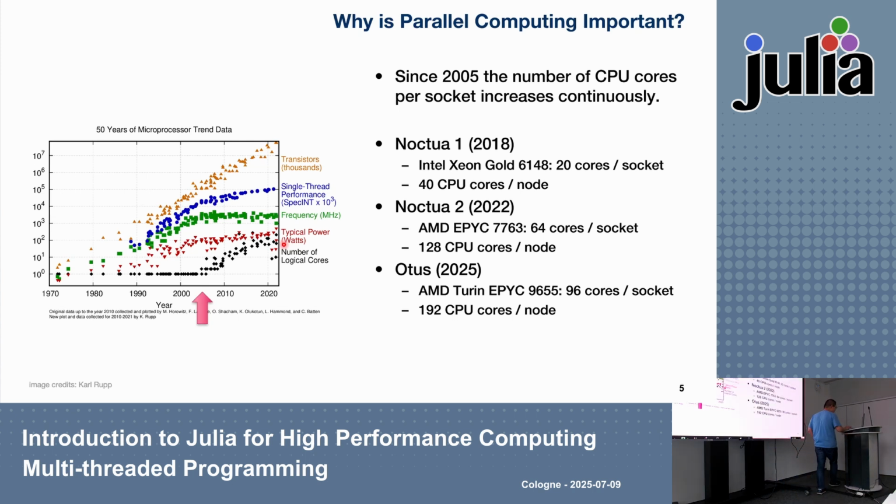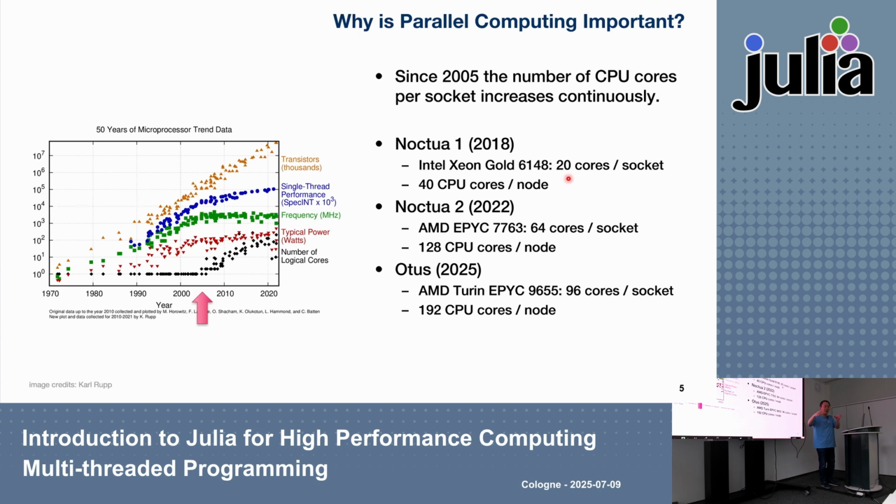To give you a more concrete example, take the HPC systems at PC2. The Noctua 1 system was built in 2018, just a few years ago. At that time, the Intel CPU had 20 cores per socket, which means if you buy a CPU, it has 20 cores.